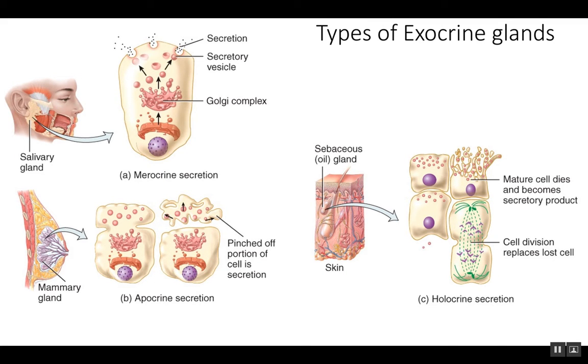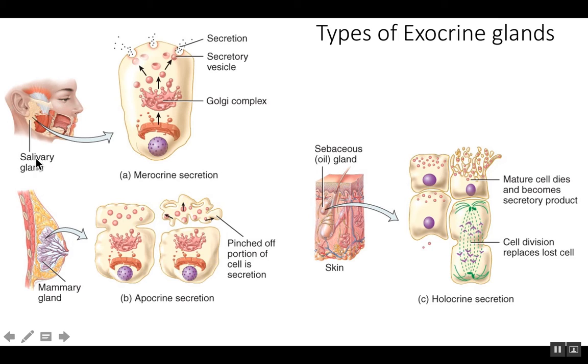Continuing with exocrine glands, there are three modes or mechanisms by which exocrine glands work. There are merocrine, apocrine, and holocrine. And the difference is how they produce their secretion. So let's look at merocrine first.